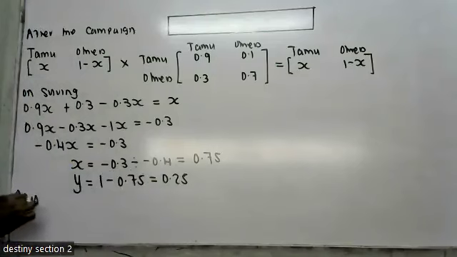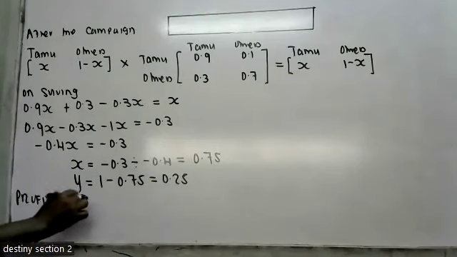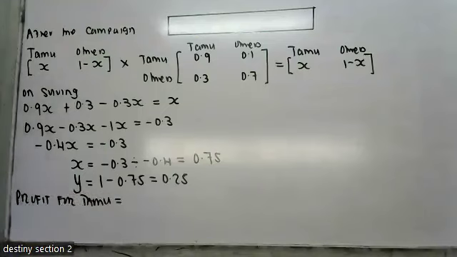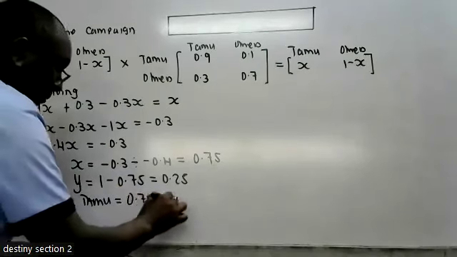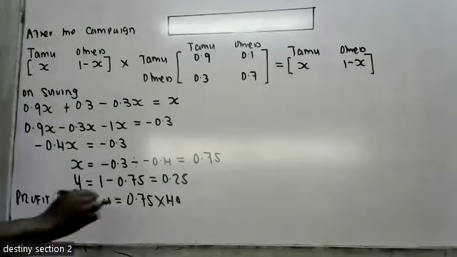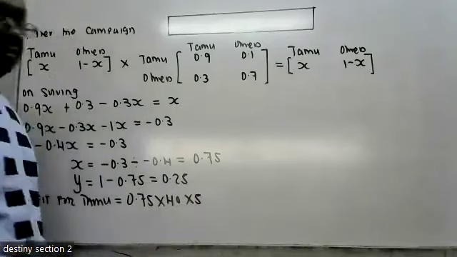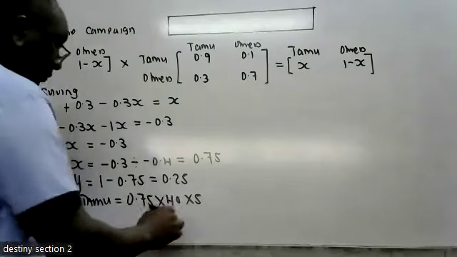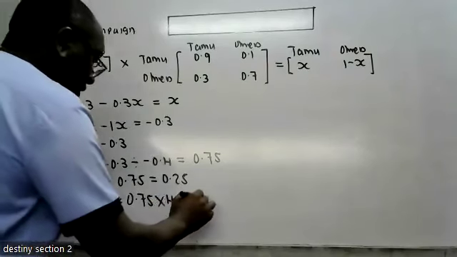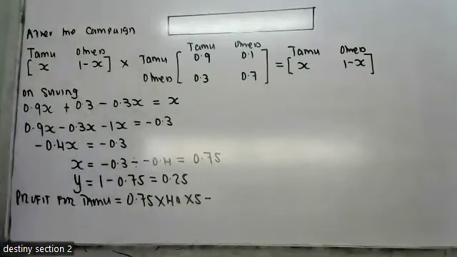So the profit for Tamu will be the market share, this 0.75, multiplied by the size of the market, which is 40, multiplied by the profit per customer, which is 5. And then the question says that they are making a cost being incurred of 20 million. So 20.